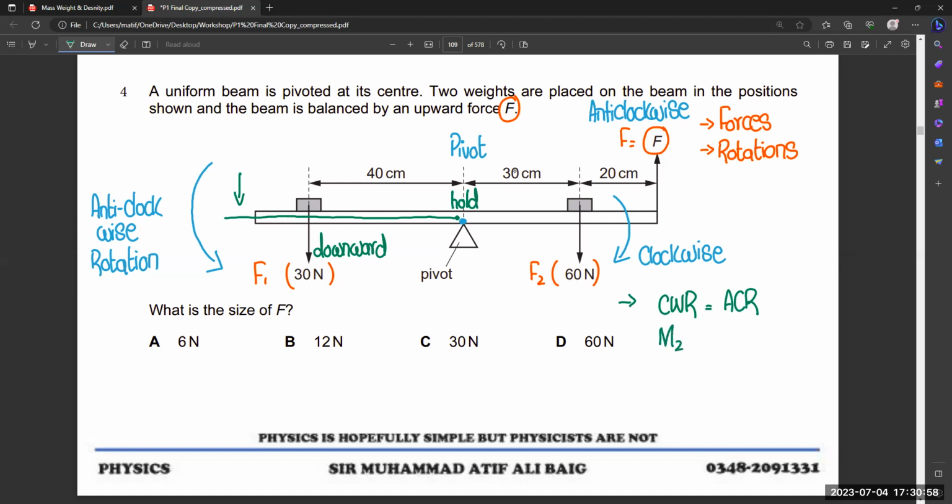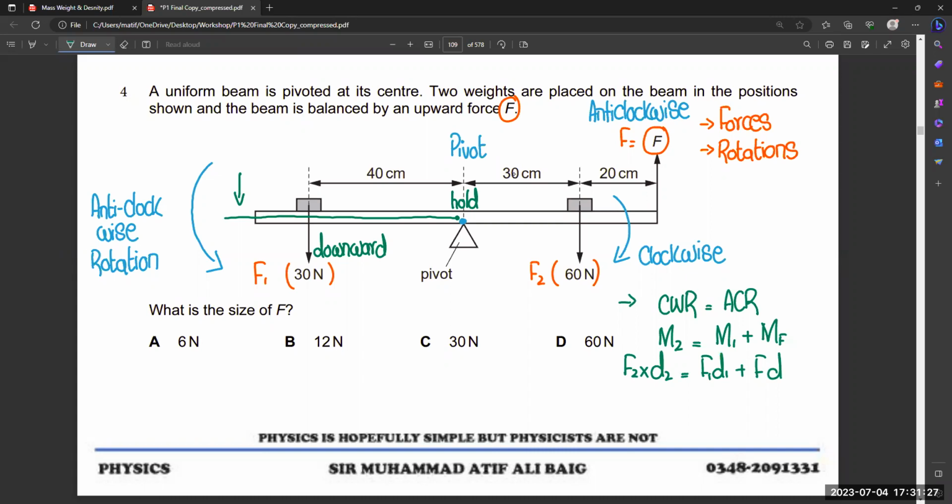So M2 is on the left side, M1 plus MF. M means the moment. So the moment of the second body is equal to the moment of the first body plus the moment of the unknown force, right? And we expand the formula, so that will be like this: F2 into D2 equals F1 into D1 plus F into D.